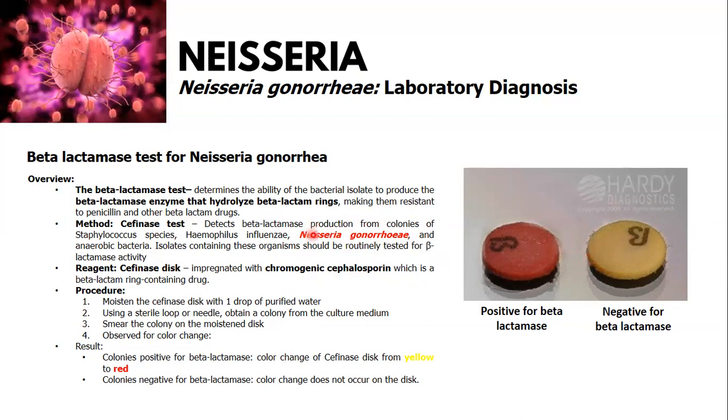And if the colonies that have been inoculated or smeared on these discs are able to produce the beta-lactamase enzyme, then they would be able to hydrolyze the beta-lactam ring of the impregnated chromogenic cephalosporin, and this would result in a change of the color of the disc from yellow to red. And if this is the reaction, then the isolate is positive for beta-lactamase. And when it is positive, take note that beta-lactam drugs should no longer be prescribed in treating Neisseria gonorrhoeae and other bacteria that tested positive for beta-lactamase.